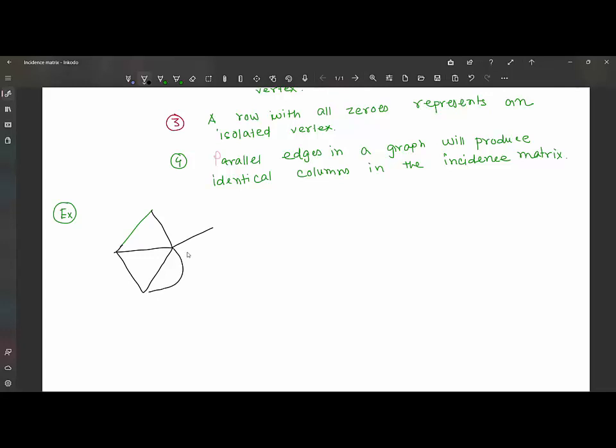Take this as V1, this as V2, V3, this as V4, and this as V5, and here it is E1, E2, E3, E4, E5, E6, and E7. So a total of 5 vertices and 7 edges are there.